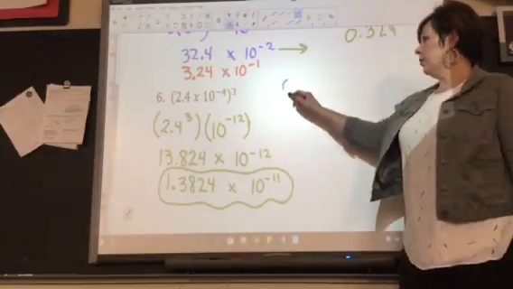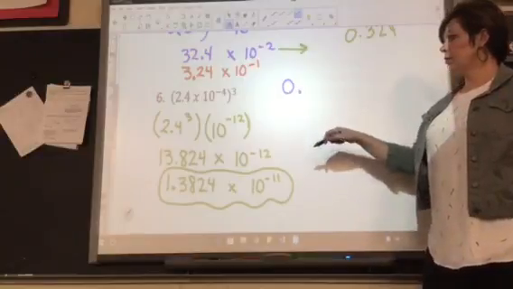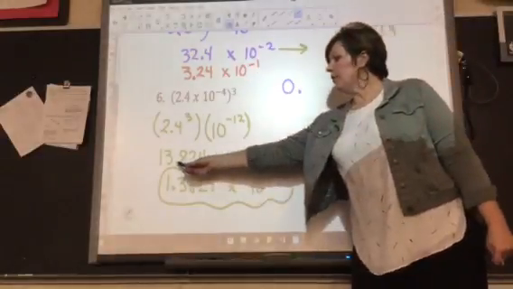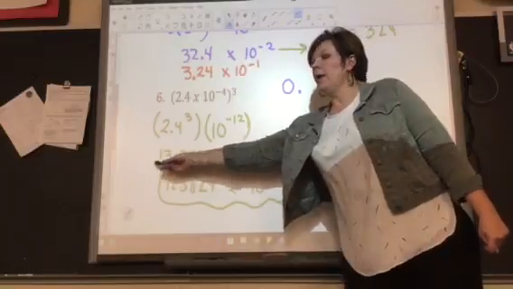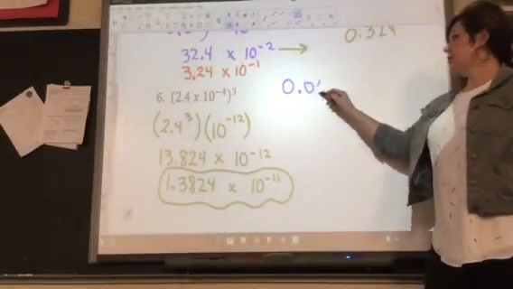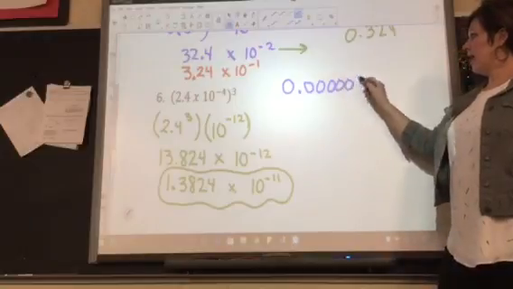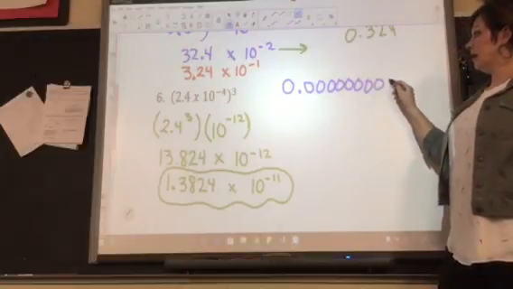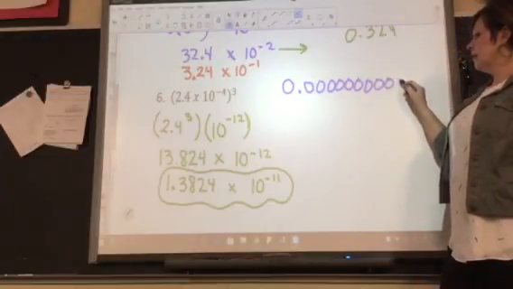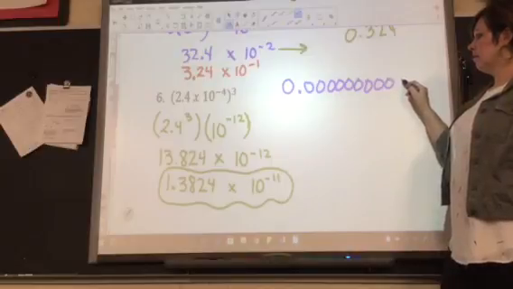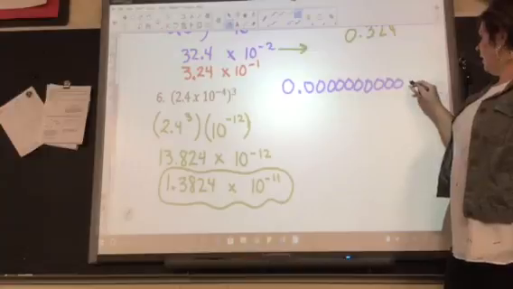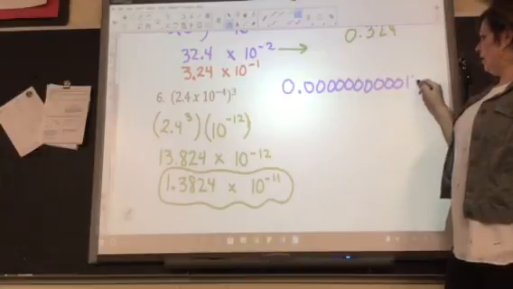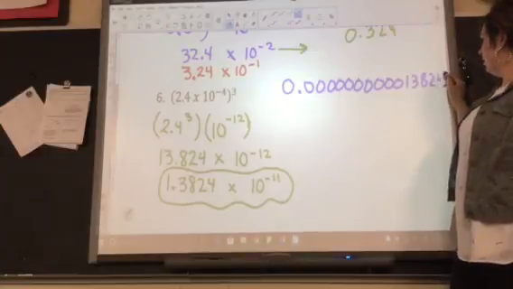So this is what I'm going to do. I'm going to start with a 0 and then a decimal place. If I move this to the left 11 times, I'm going to have 9 zeros, then 1, 3, 8, 2, 4.